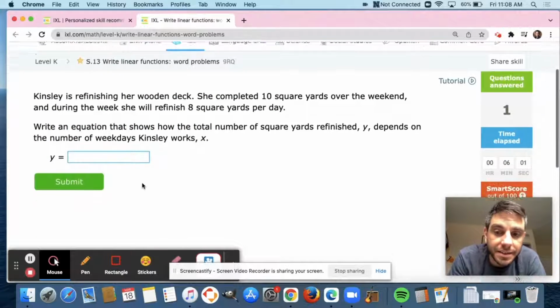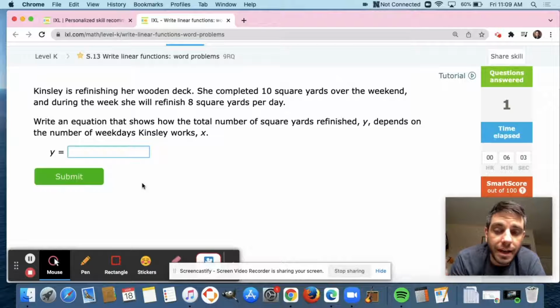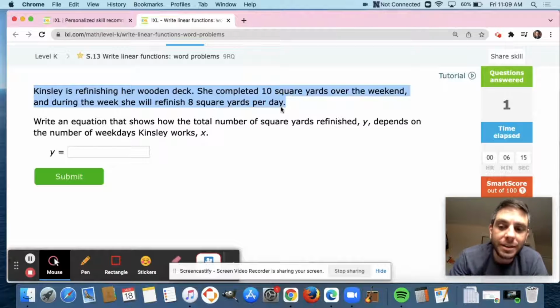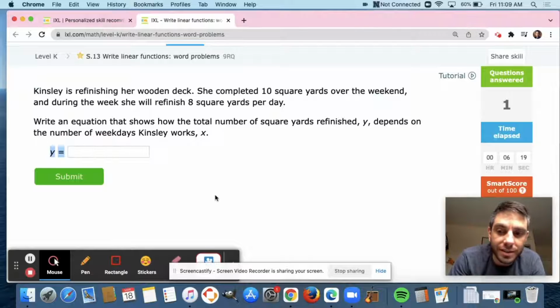It's not asking how heavy the chicken is after 10 weeks. It's asking us to translate the scenario presented in English into the algebra language, which uses these changeable letters Y and X.